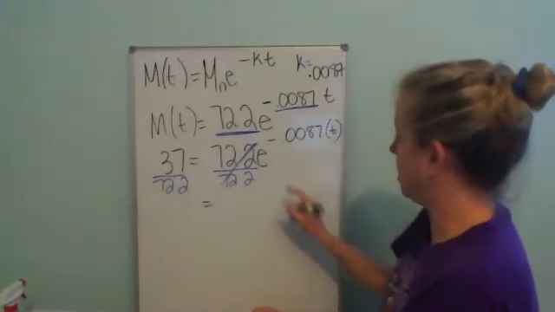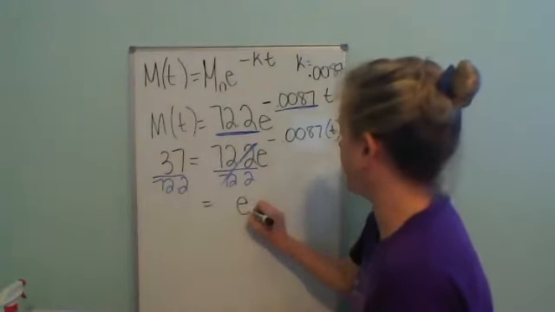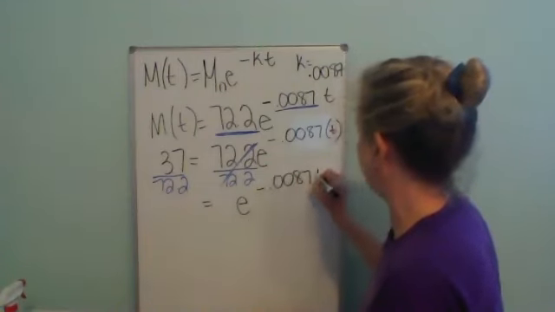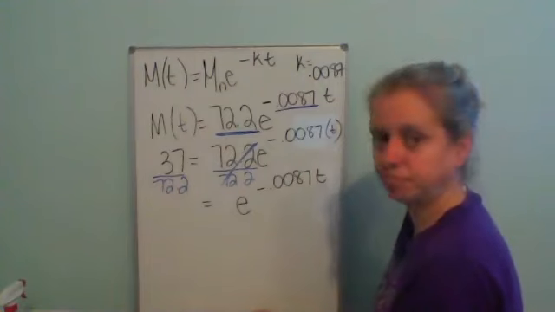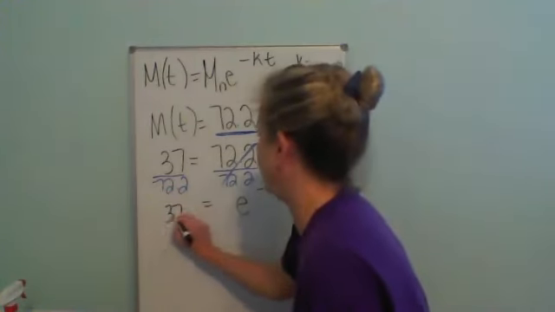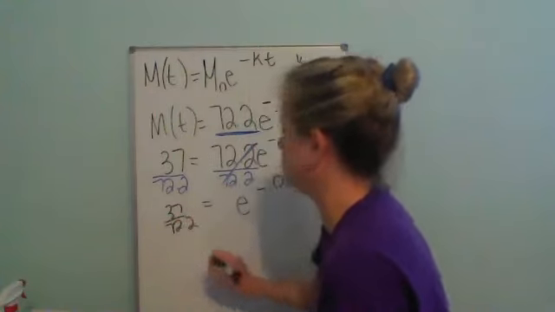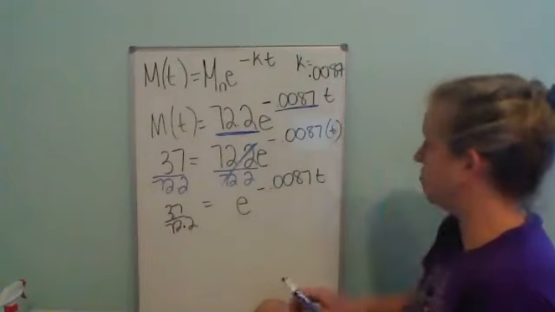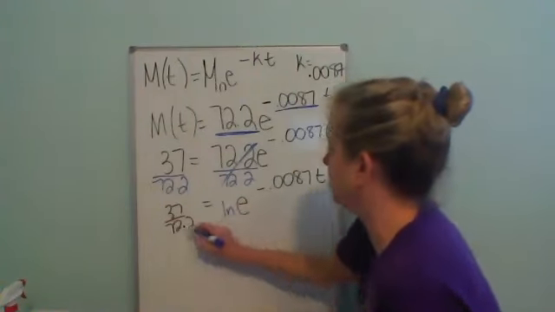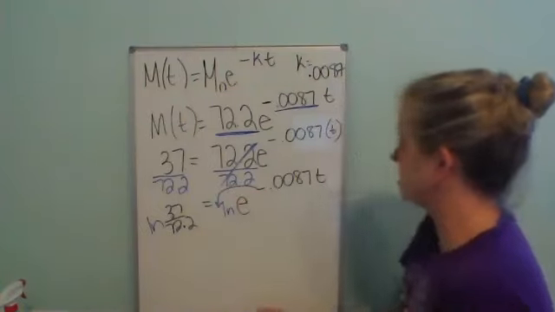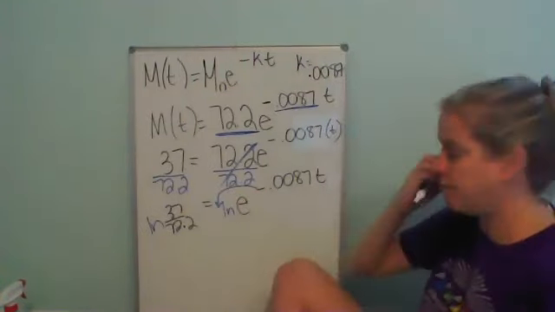So now what do I have? Over here I've got e to the negative 0.0087t. On the left, I just have 37 over 72.2. Now is the time where you want to ln both sides, because what does lnning do? It brings the exponent down in front of the problem.